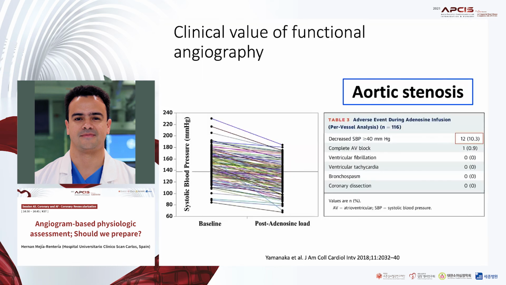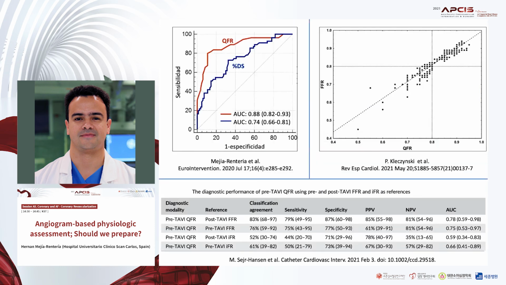Therefore, when we are facing a population with an important risk of a significant decrease in systolic blood pressure with adenosine infusion during FFR assessment, the functional angiography techniques may gain a lot of interest in real practice, in these patients with severe aortic stenosis. And the accuracy of these techniques in the setting of aortic stenosis, and particularly with QFR, has been reported to be good.